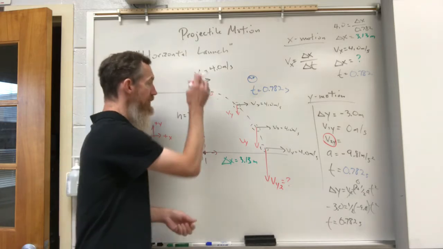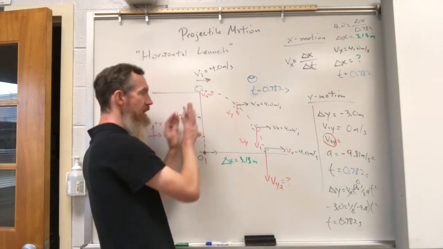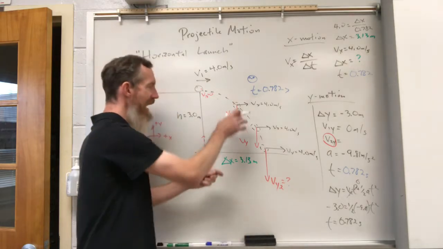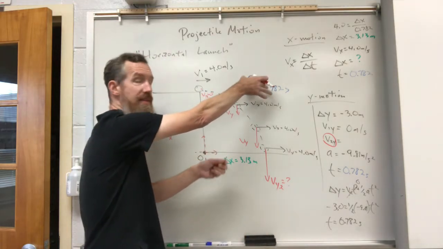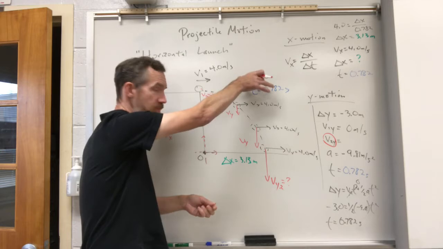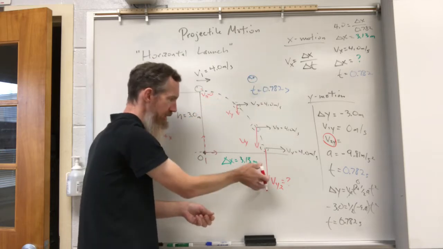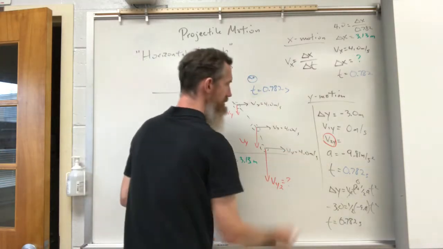Now remember, this y velocity here, even though it's traveled sideways, it's as if you had just dropped it from the same exact height with zero velocity to here. So I can find this.